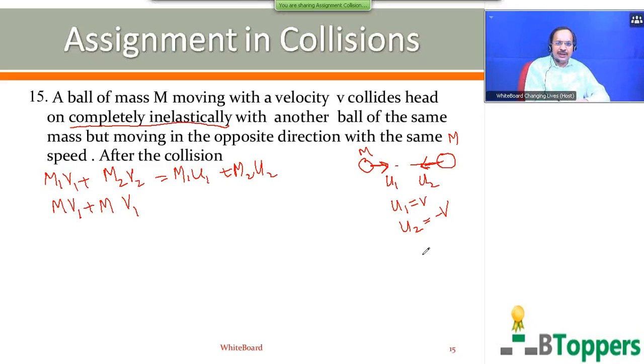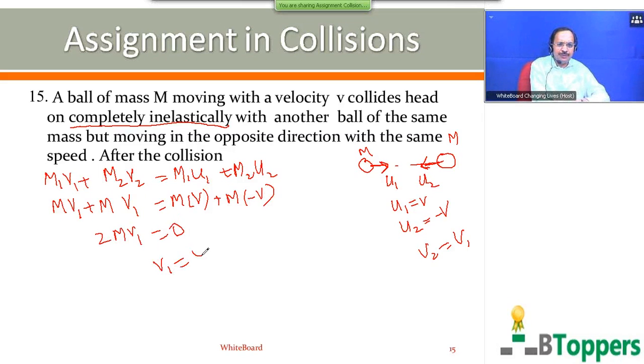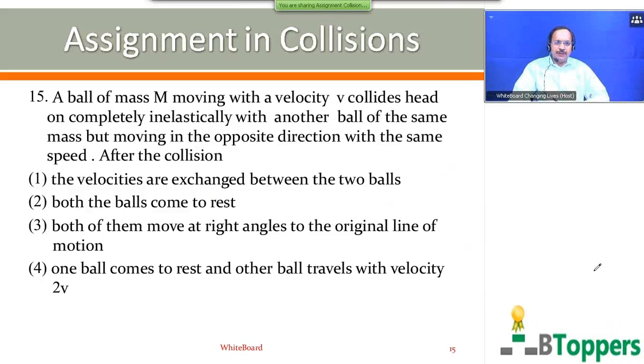So v2 is the same as v1. m1 is m, u1 is v, m2 is also m, u2 is minus v. So you get 2m v1 equal to 0, or v1 is 0. Therefore v2 equal to 0 and v1 equal to 0 after collision. That means after collision both the balls come to rest. So for question number 15, the second option is the answer.